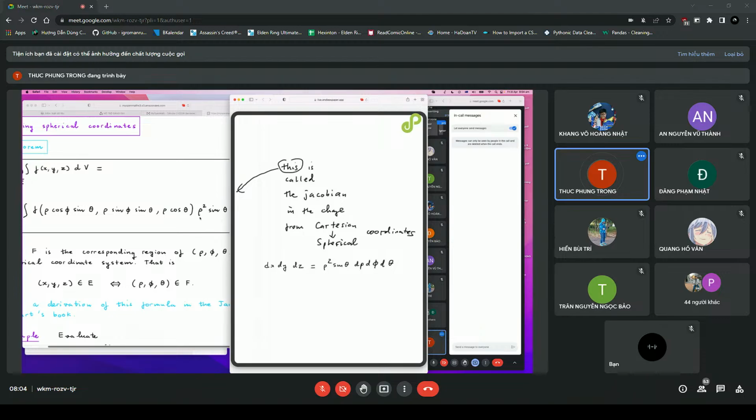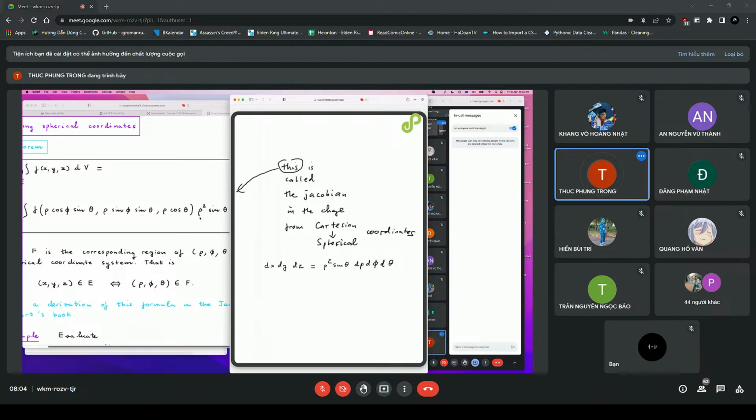This is also in mathematics called the Jacobian in the change from Cartesian coordinates to polar coordinates. So we have the same name, Jacobian. So rho squared sine theta right here is the Jacobian in the change from Cartesian coordinates to spherical coordinates. Don't need to remember this.